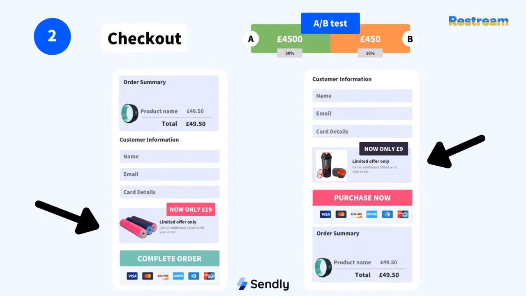Or if it's vice versa, people are buying the actual product and a lot of people are buying the shaker, you can leave the shaker on there, and then maybe offer a bundle deal on an upsell for an additional shaker for your partner, and here's 2 roll mats for 19 quid, whatever it may be. So these are the kind of data points that you really need to analyze.